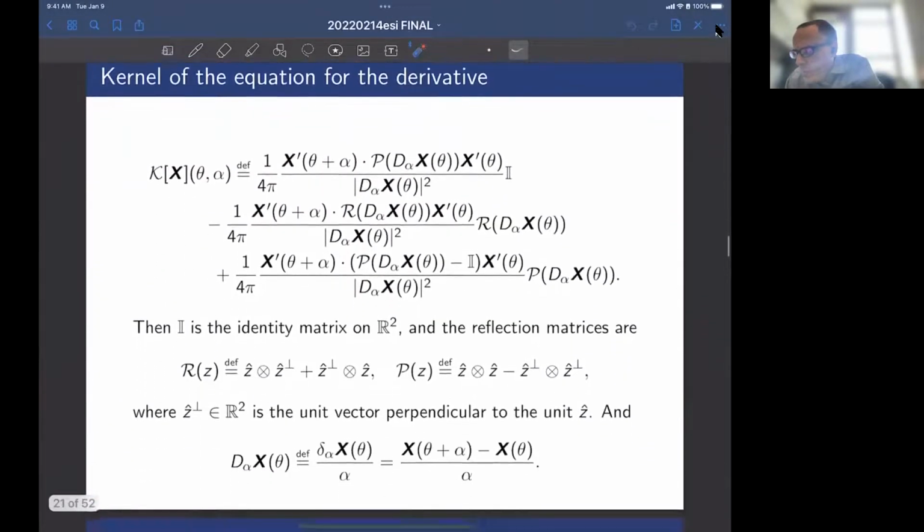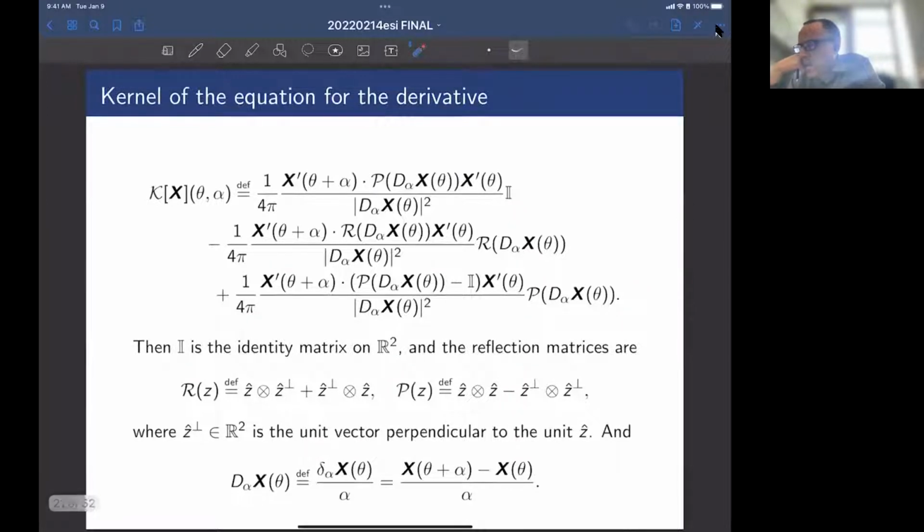And so this is the kernel. We call it k of x, and it's x prime dot P. P is a matrix function of d alpha x theta, and matrix multiplied by x prime. And d alpha x is this difference, delta alpha x over alpha, and it's x theta plus alpha minus x theta divided by alpha. So for small alpha, this is sort of x prime, but it's not x prime exactly for alpha not going to 0. And then you have these reflection matrices.